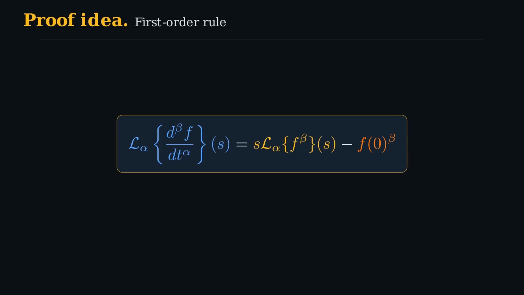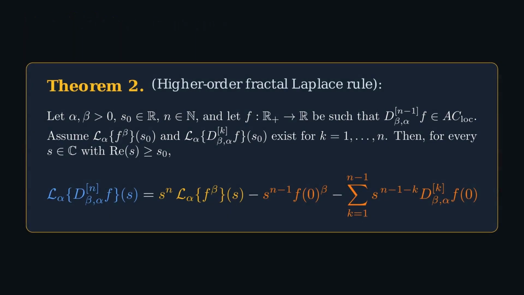By iterating the first order rule, we obtain the corresponding formula for higher order derivatives. The structure is very similar to the classical Laplace transform rule. The leading term contains the power s to the order n, multiplied by the alpha Laplace transform of f raised to beta. Then the remaining terms contain the initial data. The first initial term comes from f at 0 raised to beta.